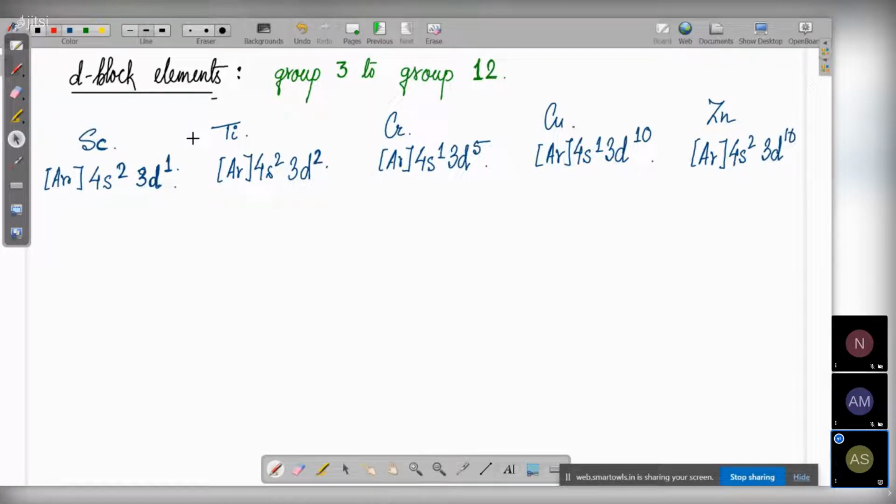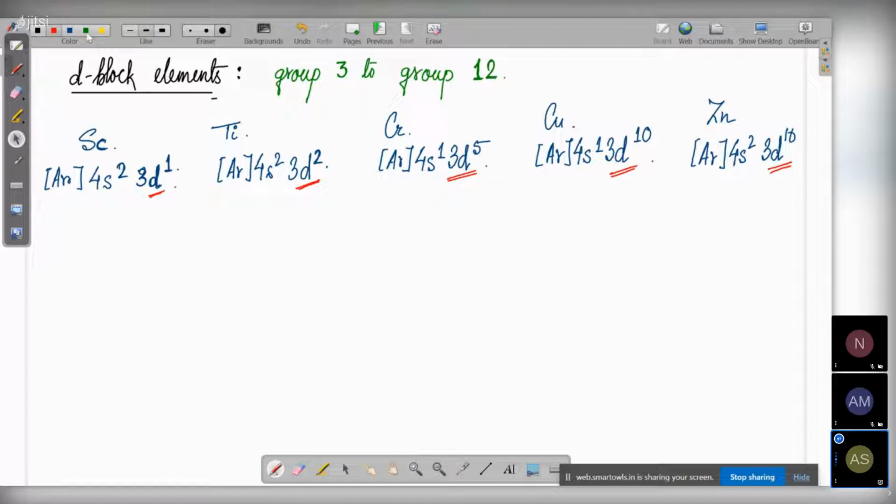In all the 5 examples that I have written, the last electron enters the d orbital. That is why they are called the d block element.